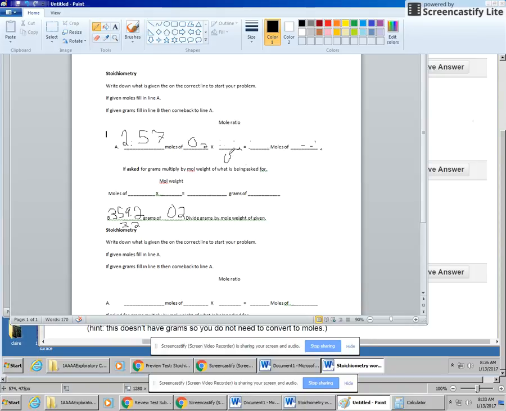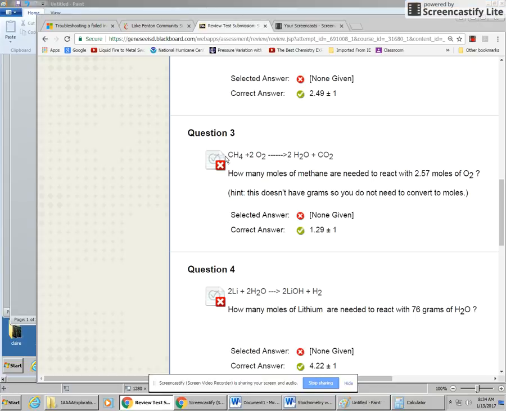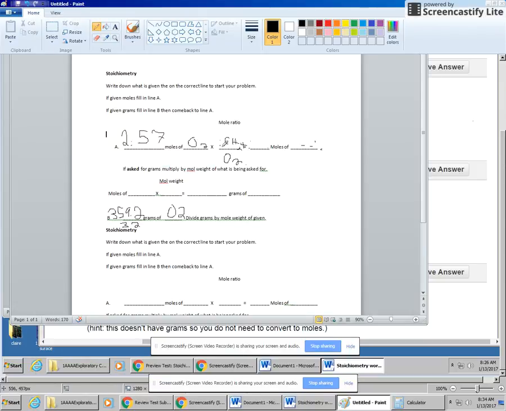Here's our mole ratio, O2, and CH4. And our mole ratio is 1 CH4 to 2 O2. So you have a 1 to 2. So now you got moles.